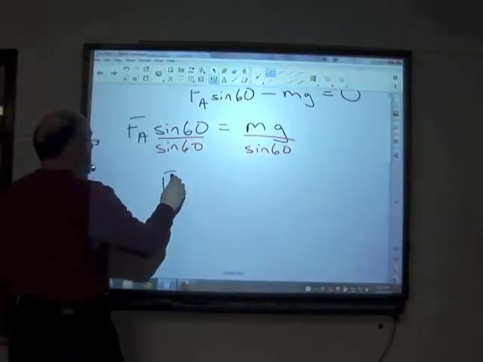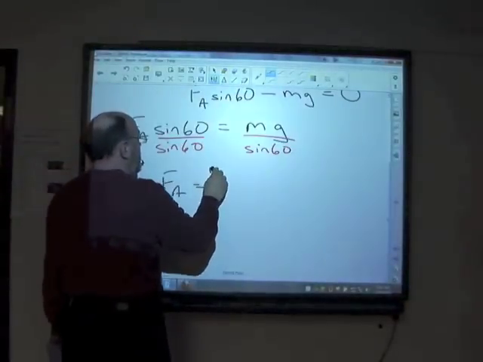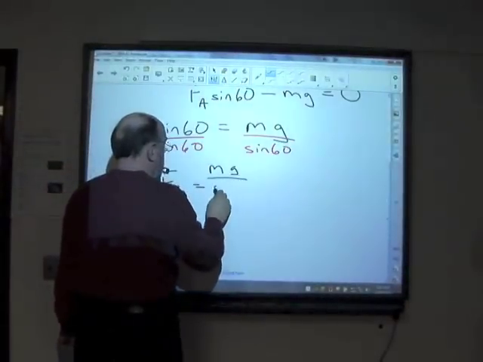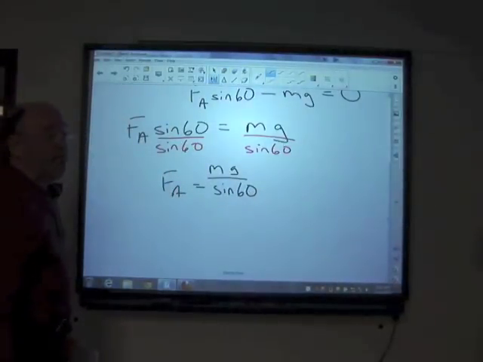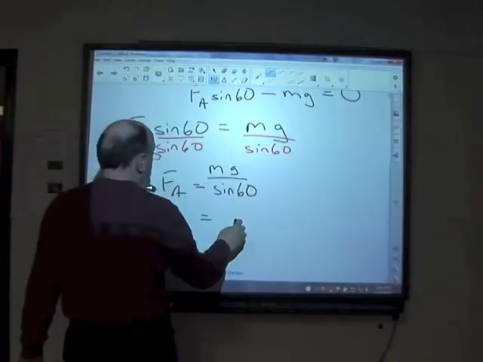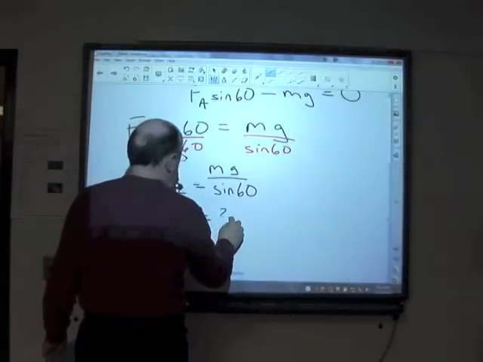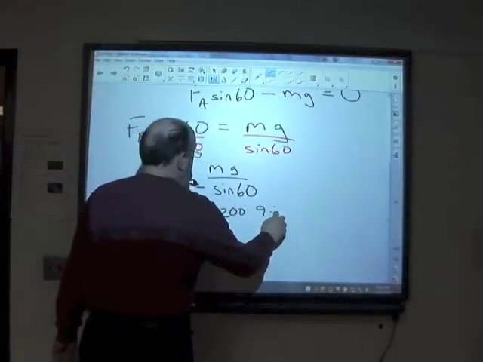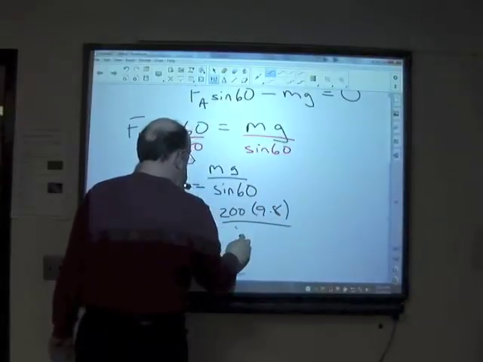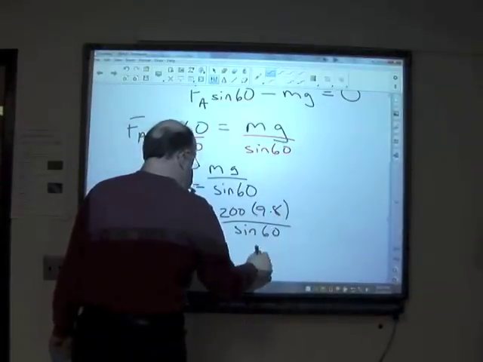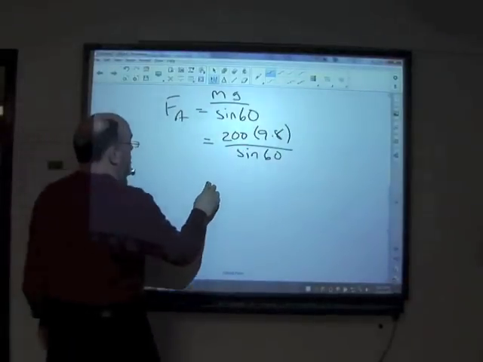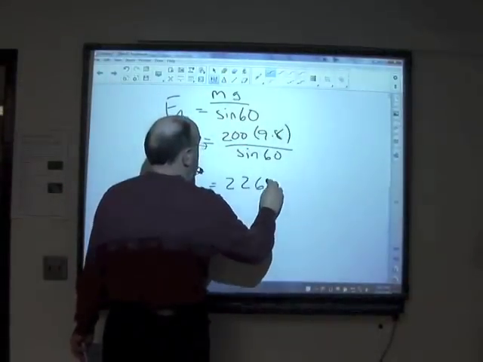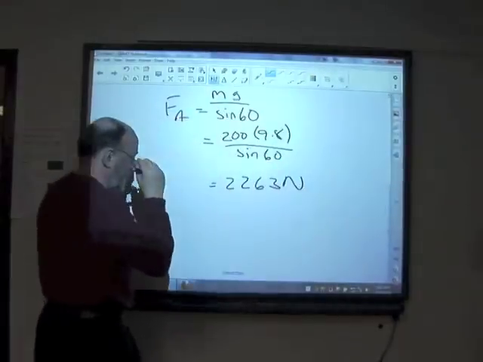And so F sub A is going to be mg over the sine of 60. We have that the mass of the box is 200, g is 9.8, and the sine of 60. And we get that this force will be 2,263 newtons.